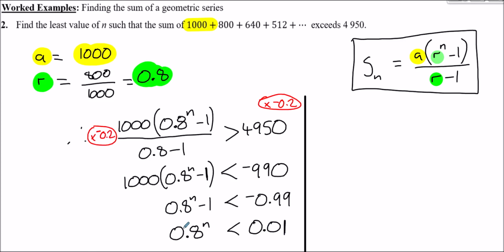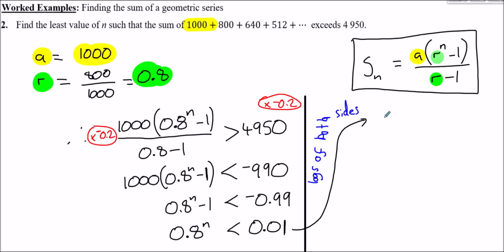Now it looks like we've got a problem, but actually we just need to remember logs. So what we can do here is take logs of both sides. We can take logs to any base.